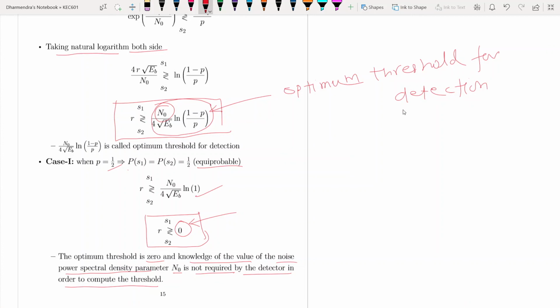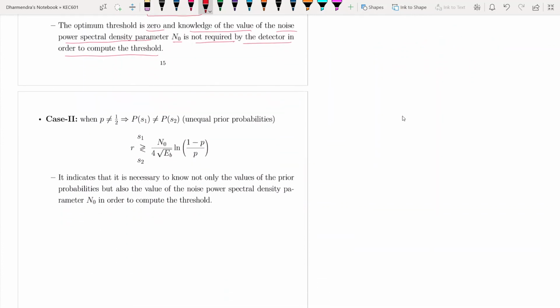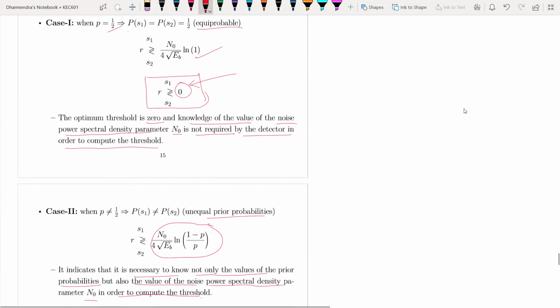Another case is when p is not equal to half, that is, unequal prior probabilities. In this case, this will be the optimum threshold. And what is the problem with this optimum threshold? It indicates that it is necessary to know not only the value of the prior probabilities but also the value of the noise power spectral density parameter N naught in order to compute the threshold.